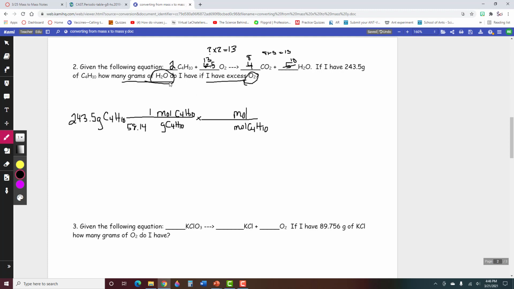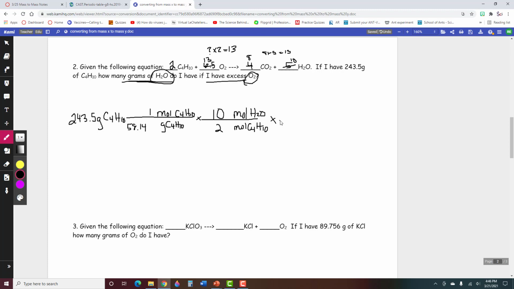So the one I do want is this one, the H2O. Alright, I have moles over moles, so I am going to look at my balanced equation to get those coefficients. So H2O has a 10 in front of it, and C4H10 has a 2.